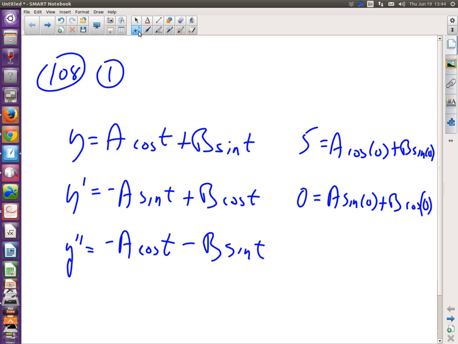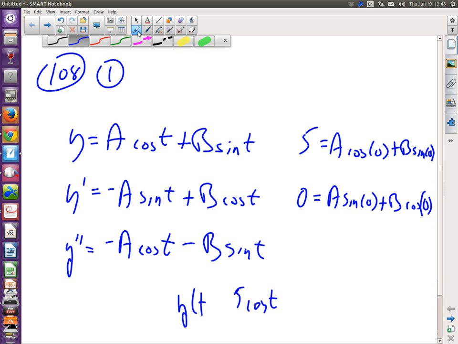Again, sine of 0 is 0, so the a term drops out. Cosine of 0 is 1, so b equals 0. So we get that y of t is a cosine t, but a is 5, right? So 5 cosine of t.